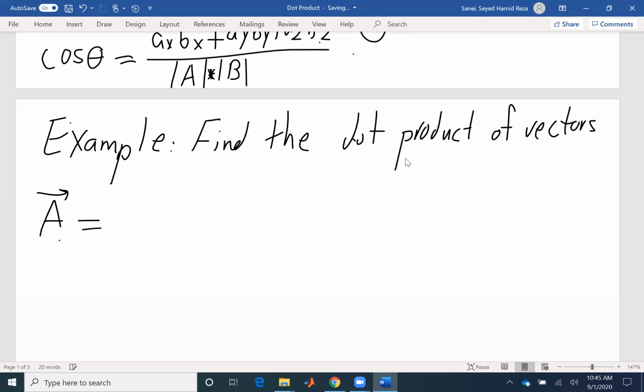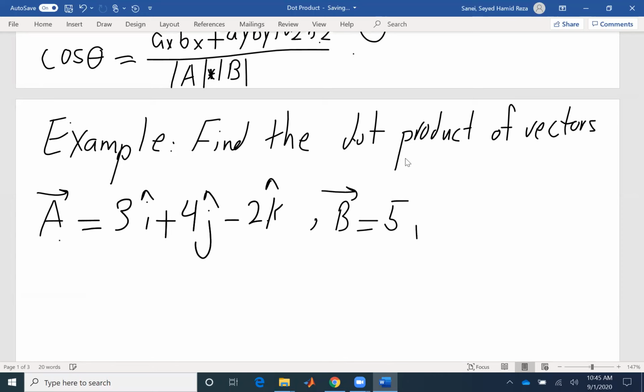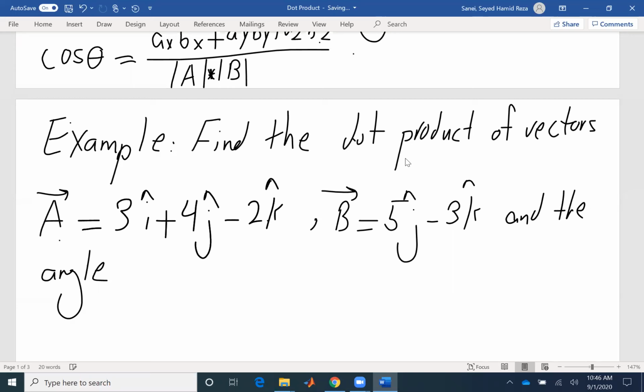Let's have a numerical example, 3i plus 4j minus 2k. And our vector B would be 5j minus 3k. And we're going to find the angle between them as well.